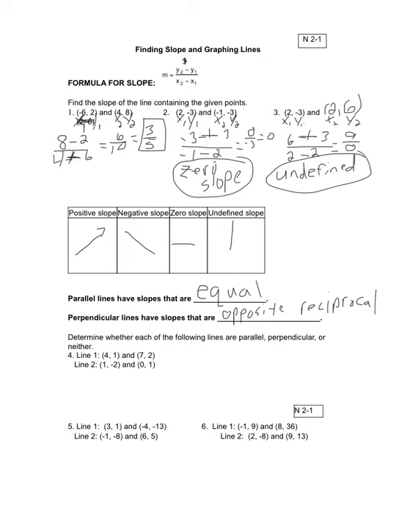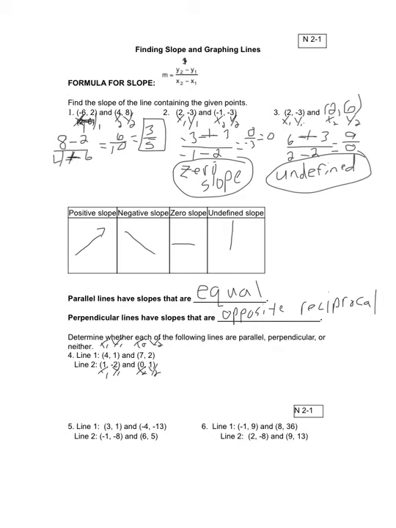So the first thing again would be just labeling x, y, x, y. These came first, these came second. Line 2, x, y, x, y. These came first, these came second. Okay, so let's just do line 1.